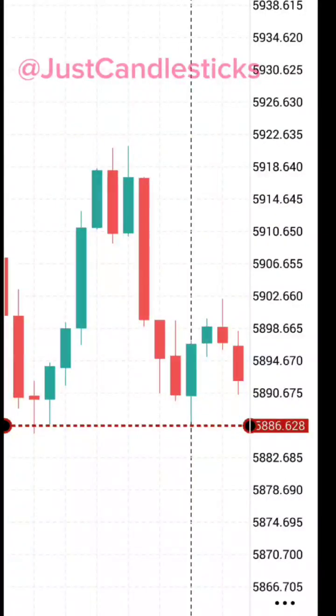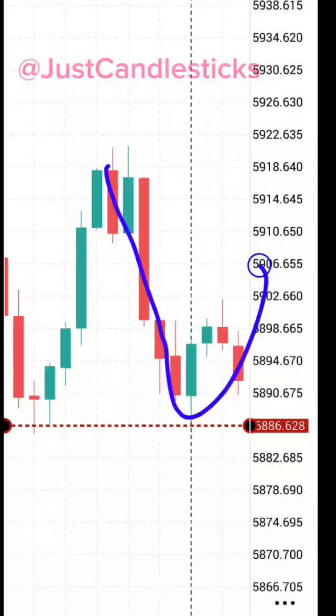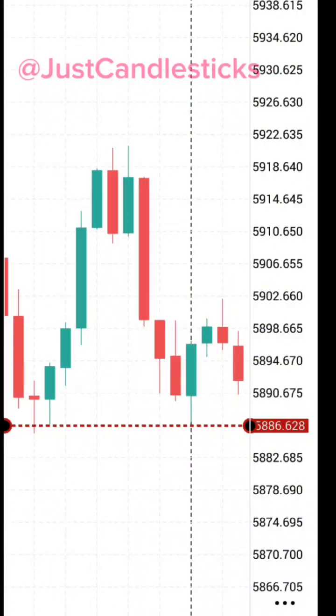So let's look at something. Now, with my analysis and understanding, I've already said the market is going to buy. Okay? But my entry is also very, very unique in such a way that if this market wants to sell, I will know.